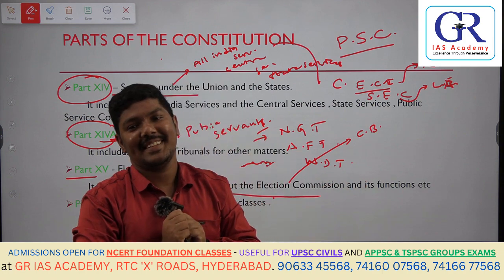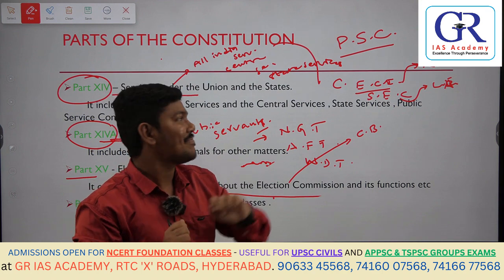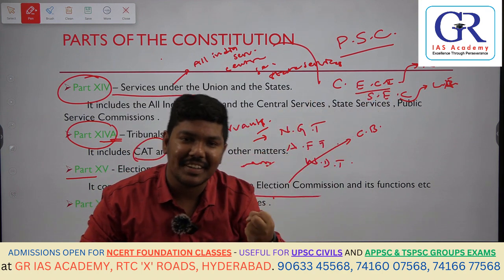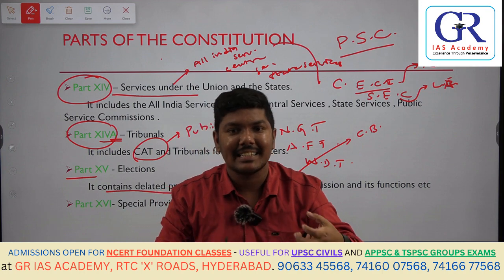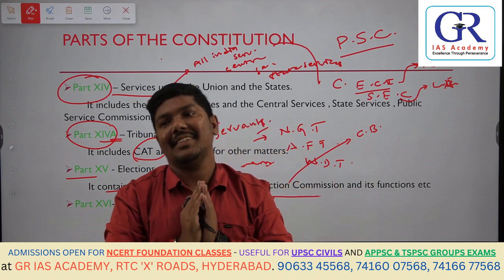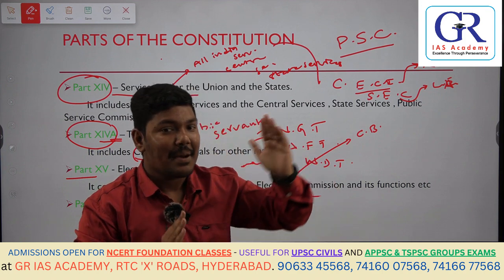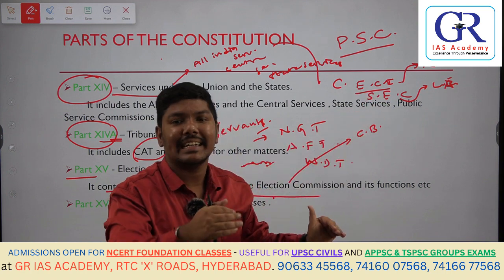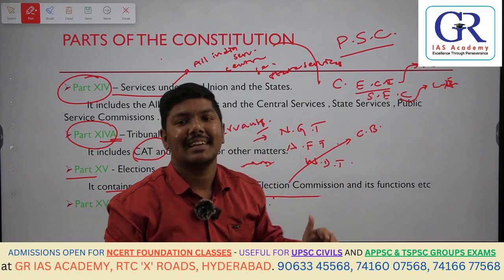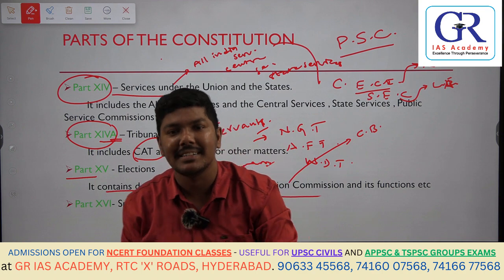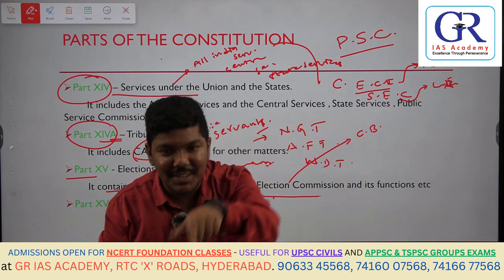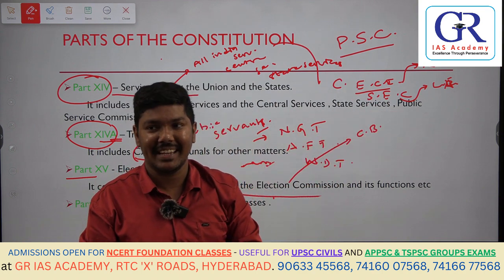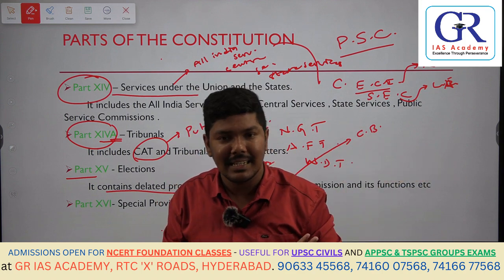But it is false. Why? Because it is the Election Commission of India which carries out the elections at the national and state level as well. But the state election commission conducts elections at the local level, for example, panchayats and municipalities. It is the duty of the state election commission to carry that out. Telangana Legislative Assembly elections were recently carried out.